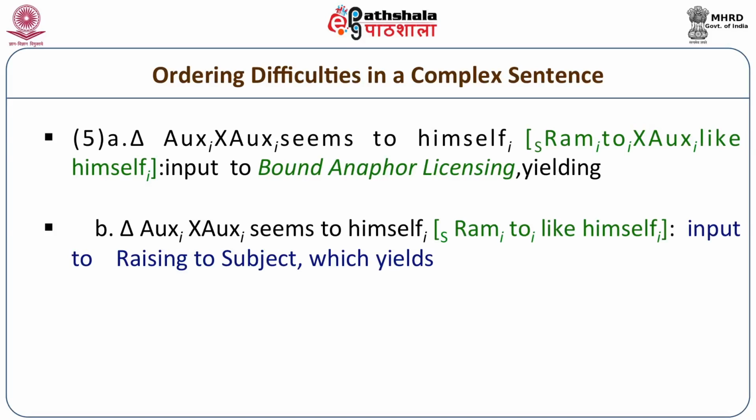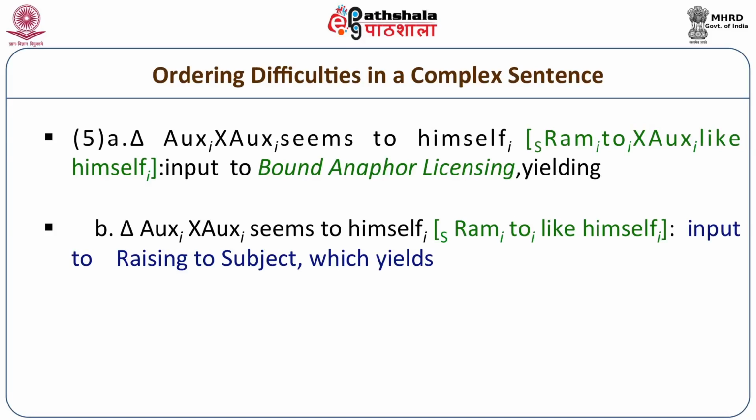Bound anaphor licensing applies to the lower sentence, the one which is embedded. It gives you: delta aux X aux seems to himself, lower sentence, Ram to like himself. This is now ready for raising to subject.